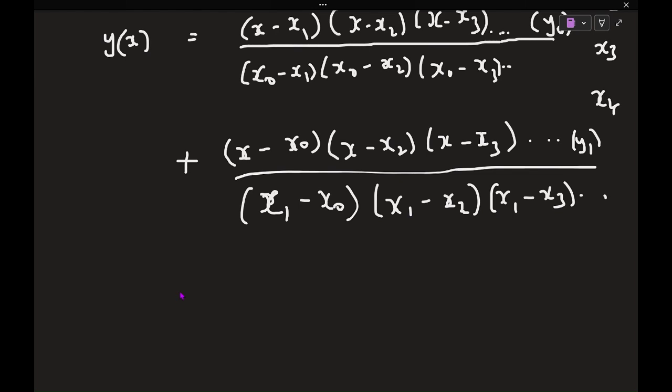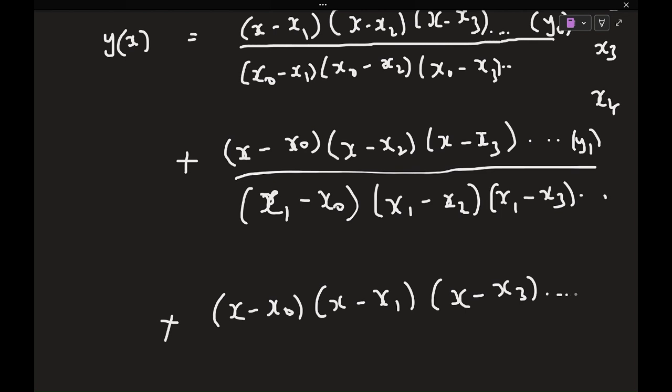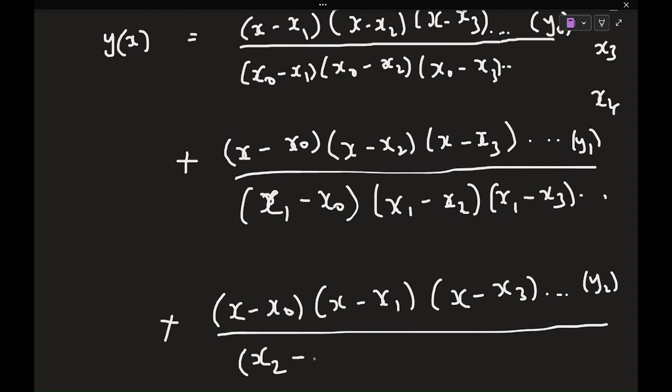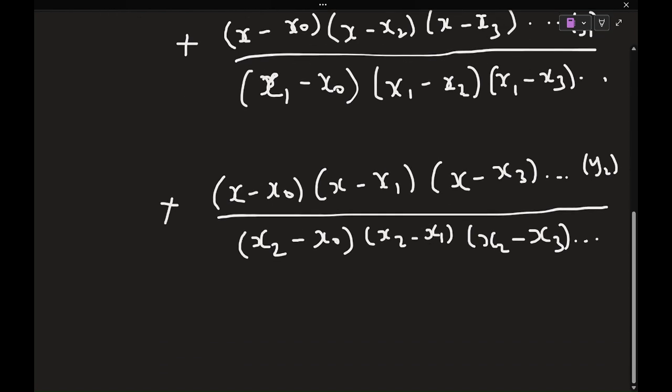So my next set of terms will be x minus x0 into x minus x1 into x minus x3, and so on, into y2 whole divided by, since I'm neglecting x2 here, x2 minus x0, x2 minus x1, x2 minus x3, because I can't do x2 minus x2, and so on. So in the same way, this series continues.